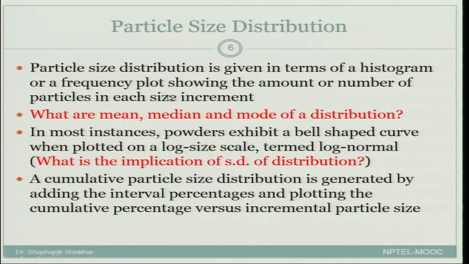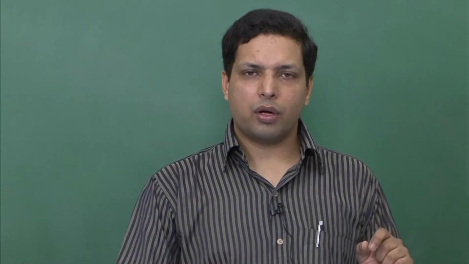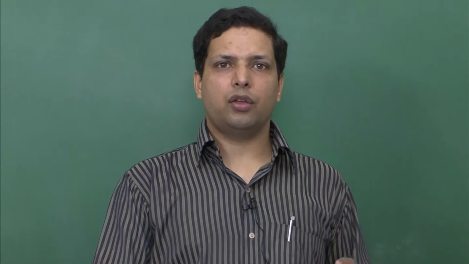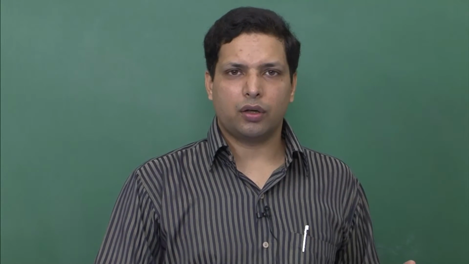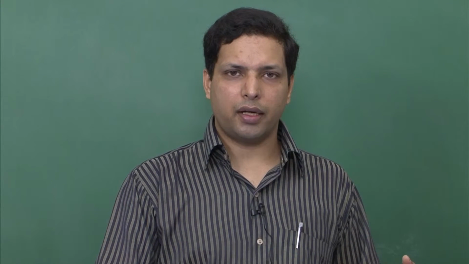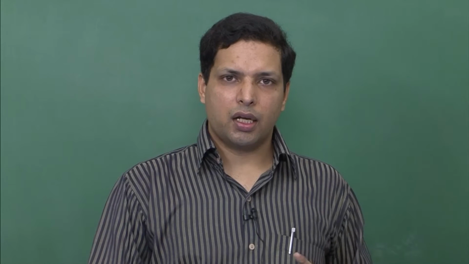This kind of frequency plot or histogram is what will define the particle size distribution. If it were a perfectly uniform sized distribution, then you would get a straight line, but that is obviously not the ideal case. In fact I should say in 100% of the cases that is not what you will get.